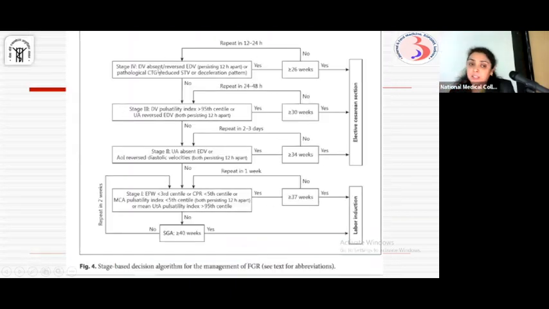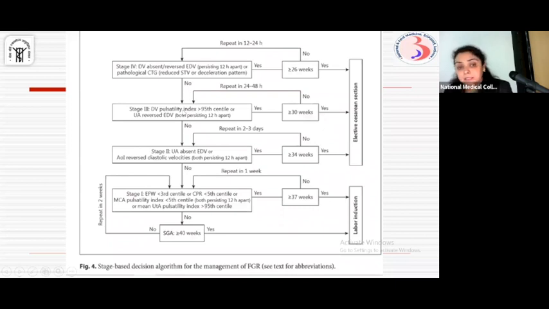How to manage these patients? This is a flow chart which you can take a picture of. So if the baby is in stage 1, then we can safely deliver them at 37 weeks. But if there is absent end diastolic flow or there is a reversal of flow in the aortic isthmus, then we need to deliver them by 34 weeks, not beyond that.